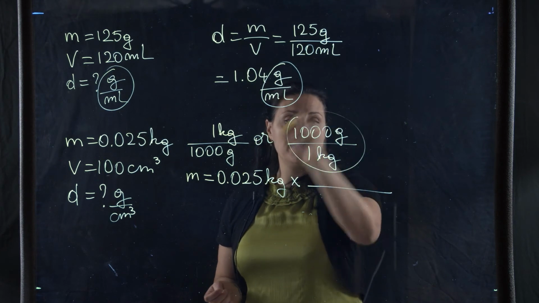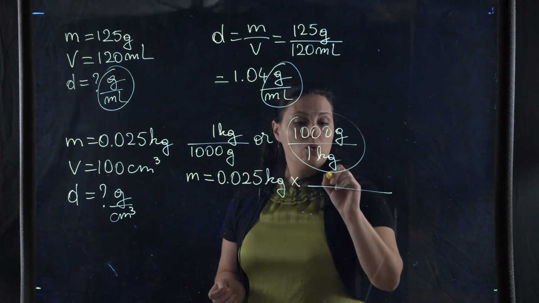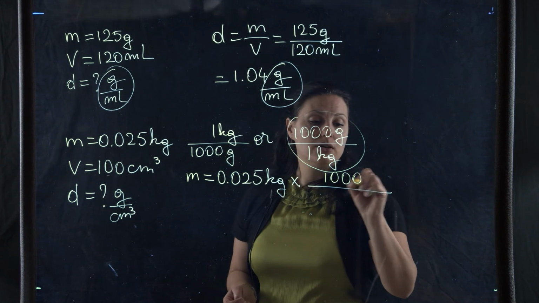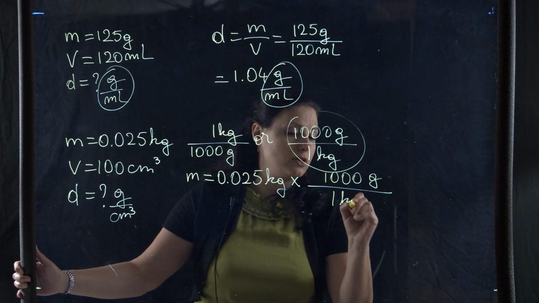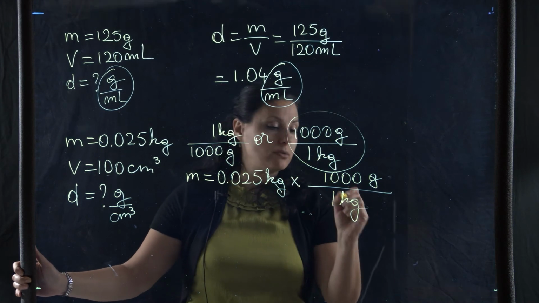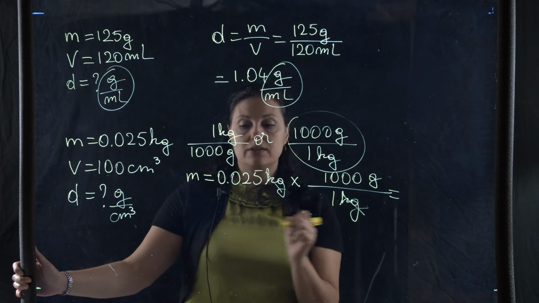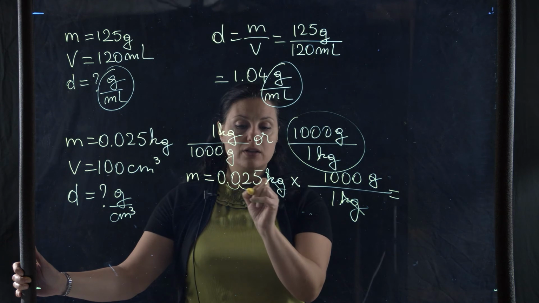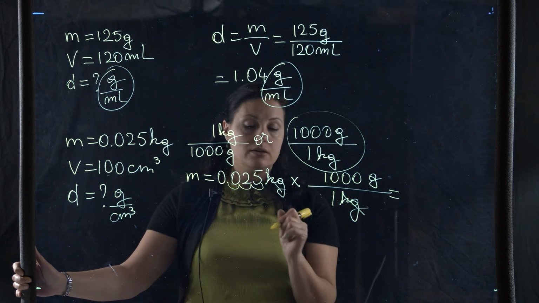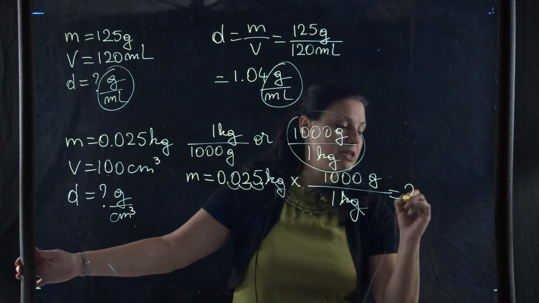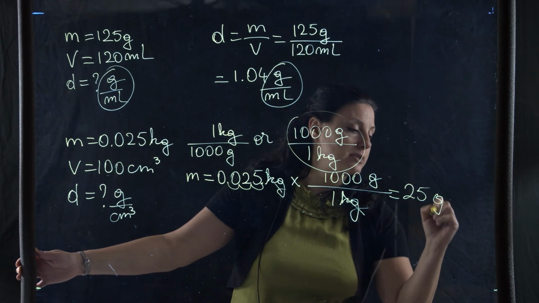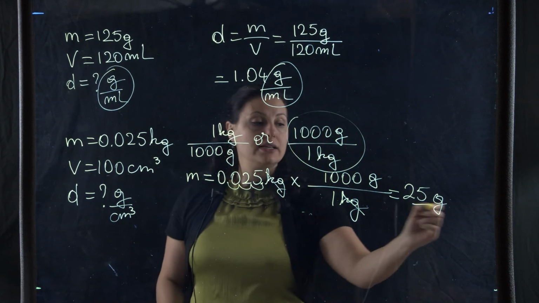So this is the one that I need. 1,000 grams is equal to 1 kilogram. The kilograms will cancel, leaving me with grams at the top. So I basically move the decimal point three places, and it gives me 25 grams. That is the mass in grams.